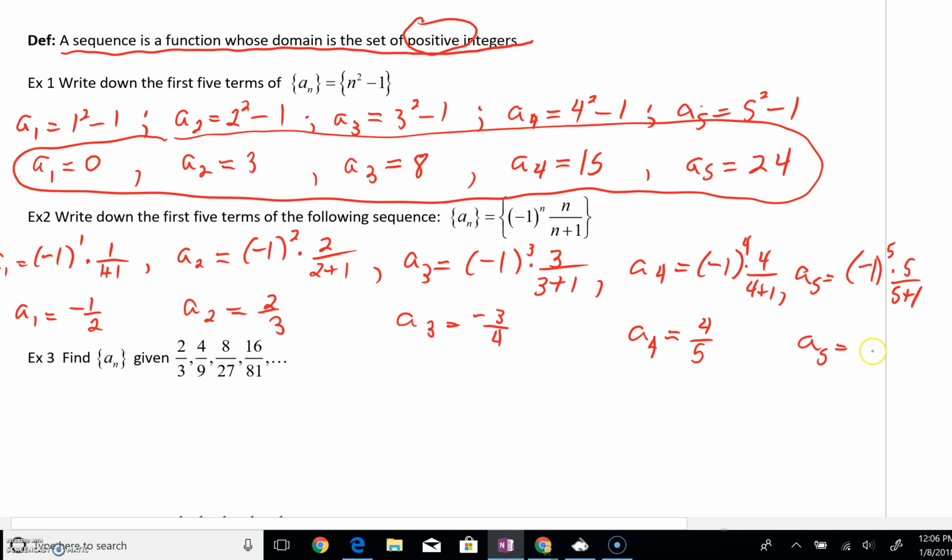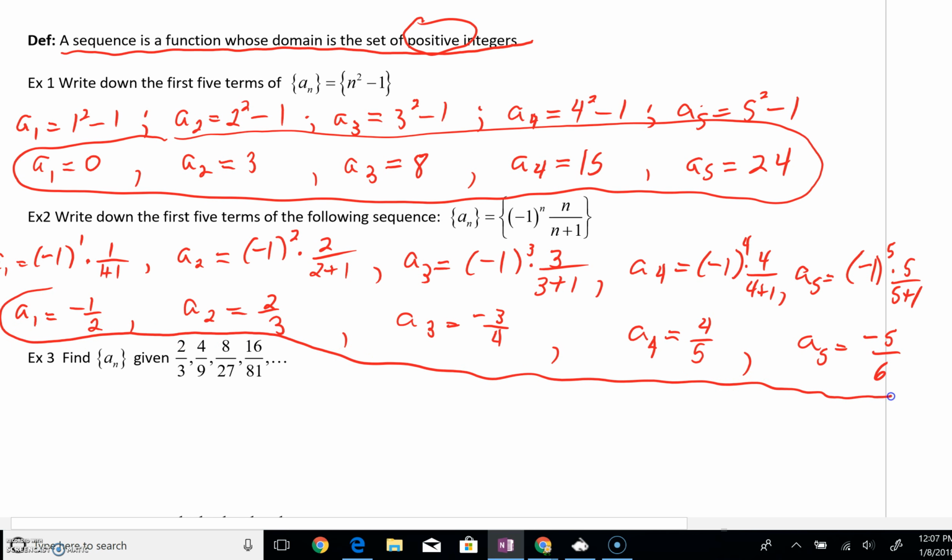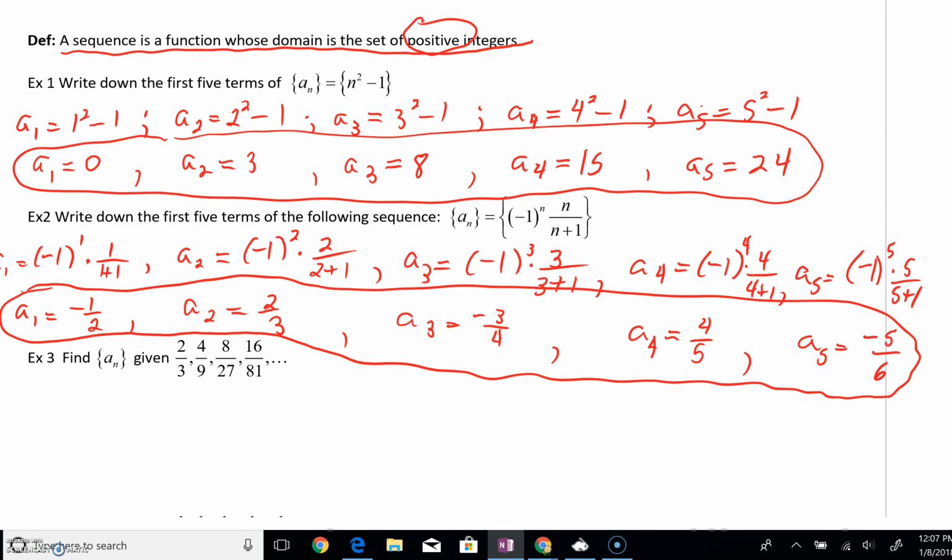Negative 1 to the 5th is something negative, and we'll be left with negative 5 over 6. So we're seeing that this sequence alternates between positive and negative values, and you can see that the numerator and denominator are always one step apart. The denominator is one step bigger than the numerator.